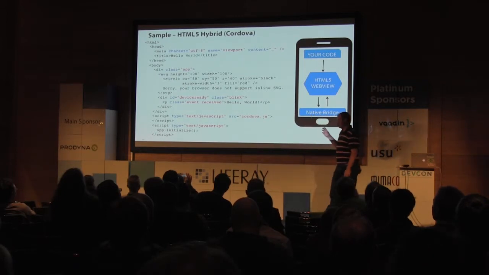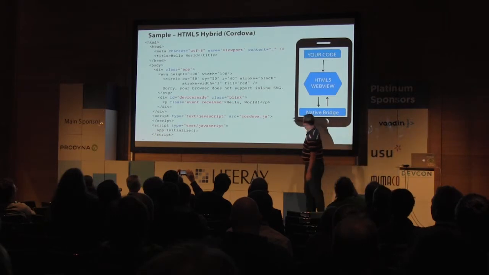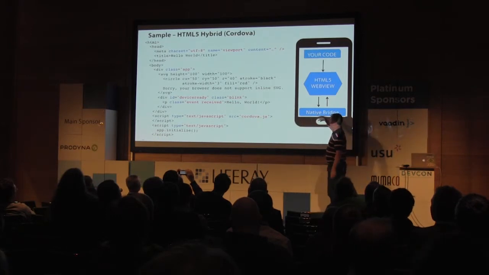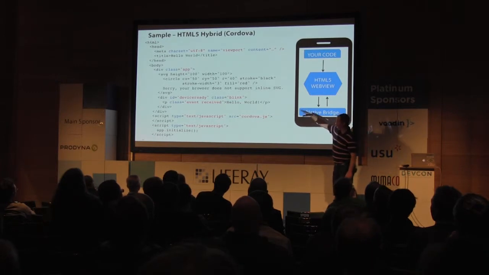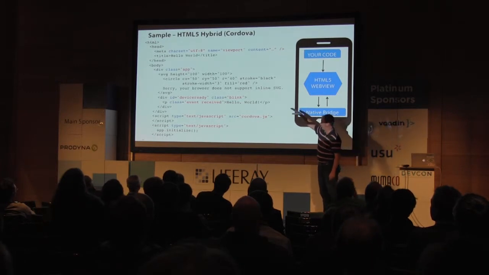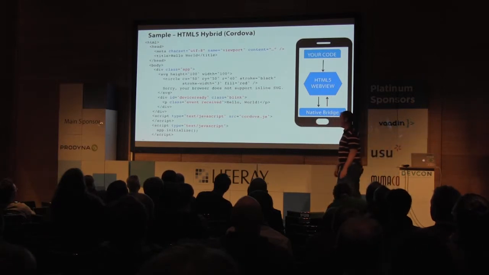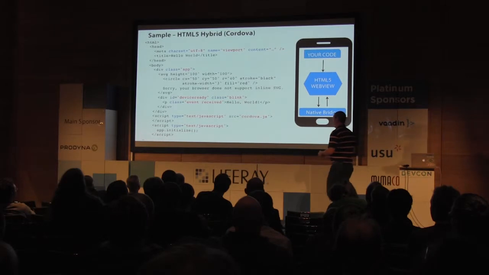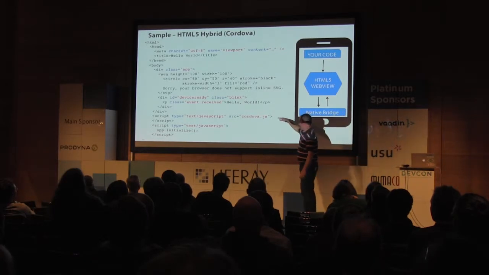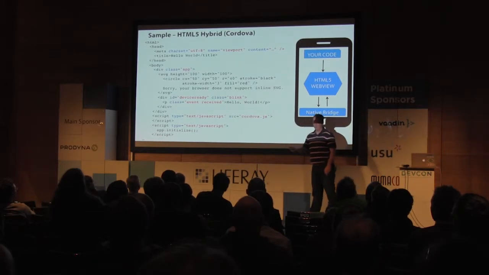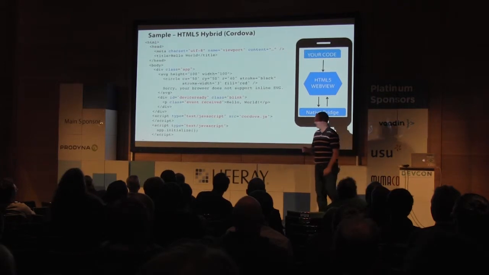So when this is browsed on a mobile device, Cordova interacts with the native platform to send events back and forth between your JavaScript that's running in your HTML5 code here. So you can have things like SVG tags and other kinds of HTML5 stuff. At the same time, you can have native access using Cordova or PhoneGap or any other native framework.